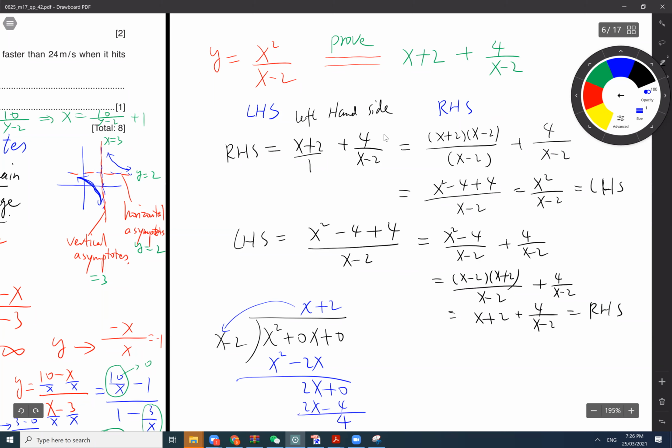Then you subtract. That's the same thing: x plus 2, remainder 4. That's like how we change an improper fraction into a mixed numeral.